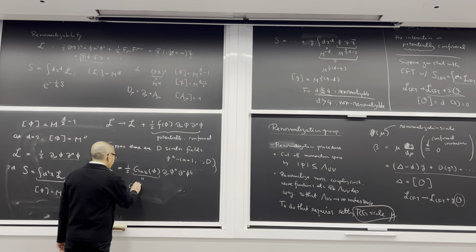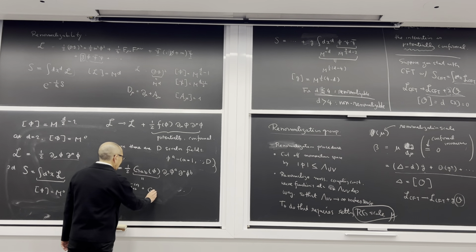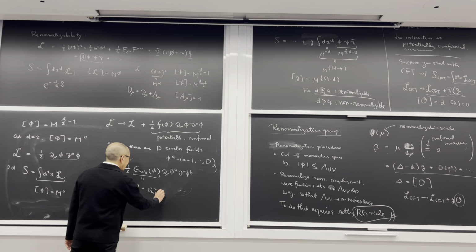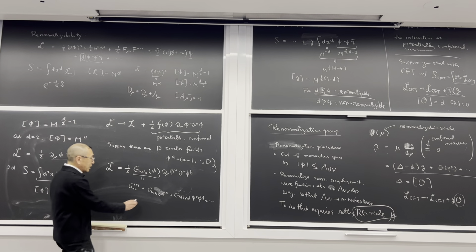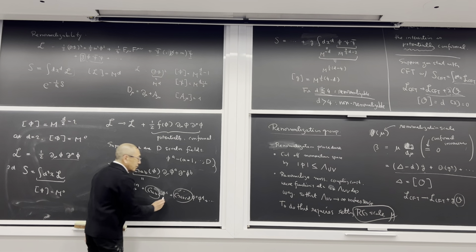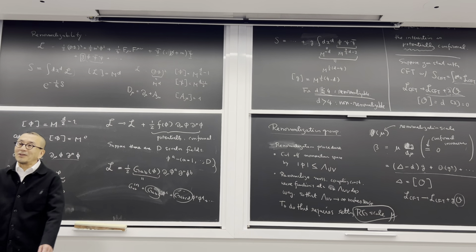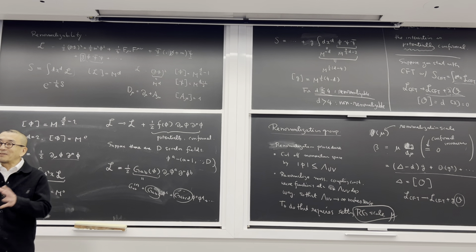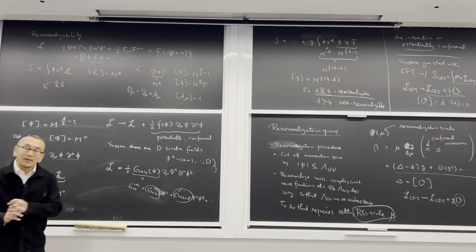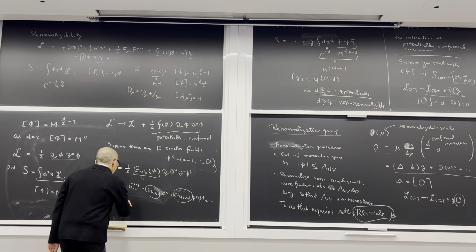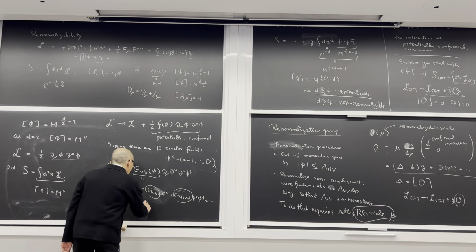The leading order is a constant matrix, but you can have A, B, C, phi C, and you can have A, B, C, D, phi C, phi D, etc. These are all arbitrary constant matrices, at least when you just write down the Lagrangian, and these are all dimensionless coupling constants. So you can have infinitely many coupling constants.